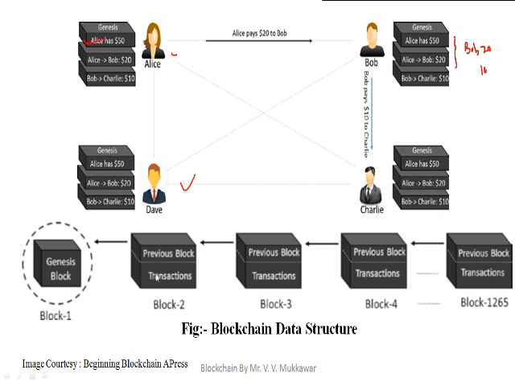Again, we have sets of transactions, each of which can be connected with the previous block. So this connection can be given by using hashing. Again, we will definitely see what the block structure is. We have the block header as well as the block body, which we will discuss in the next lecture.